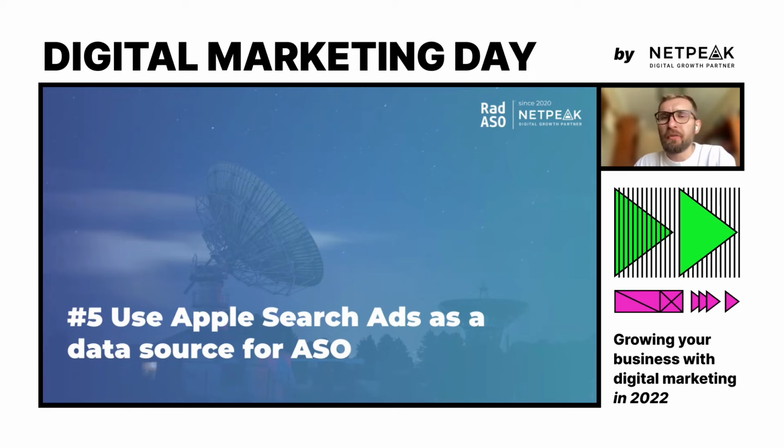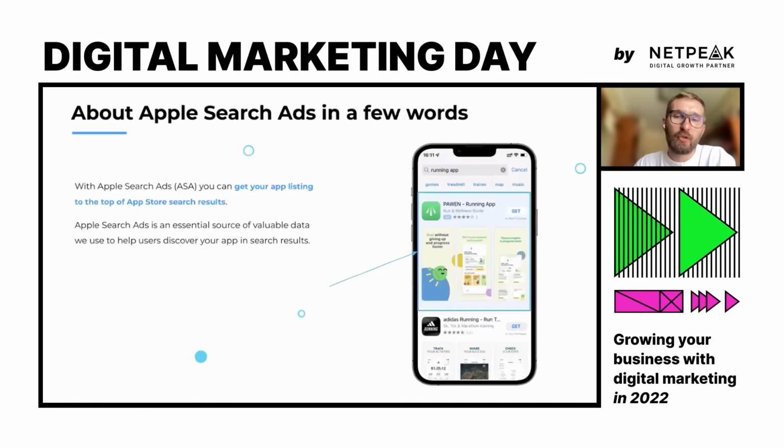For example, in search engine optimization and pay-per-click advertising in Google Ads, we have a lot of data and a lot of tools to analyze our competitors, see results, and track what people are doing inside our website. In App Store optimization we have a lack of data, and Apple Search Ads is the best source of data for our App Store.